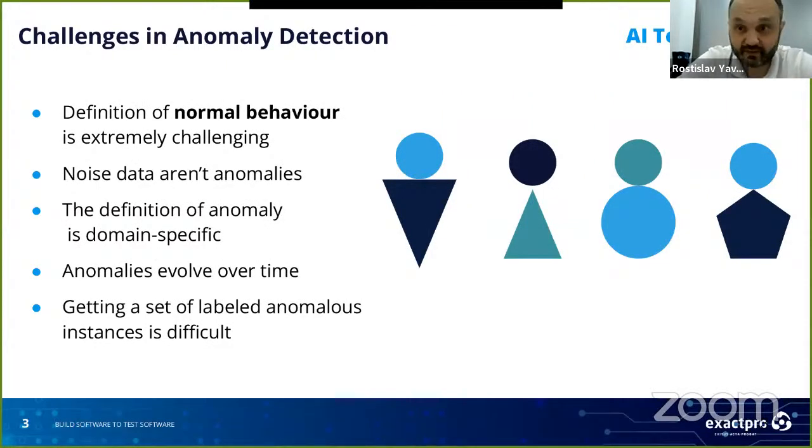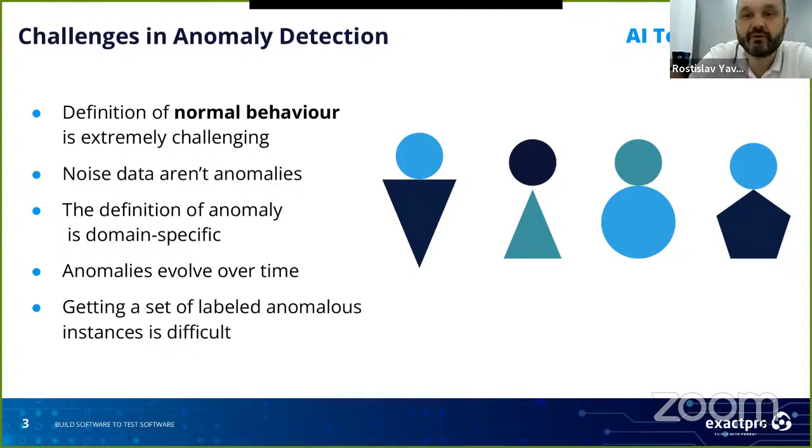Here's another picture. You see four different figures, and on the left there is a list of different challenges. The first challenge is that in order to define abnormal behavior, you first need a definition of what's normal, and in real applications that's really not easy to define.